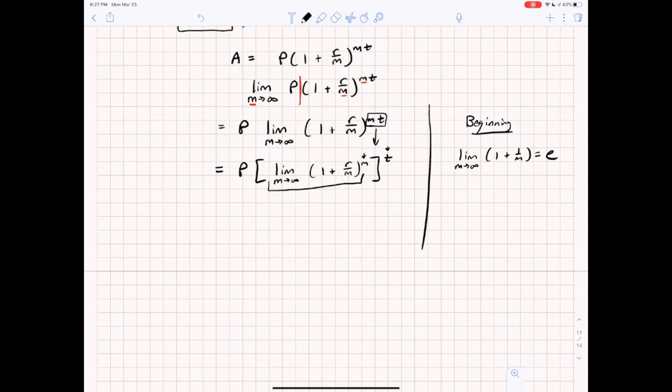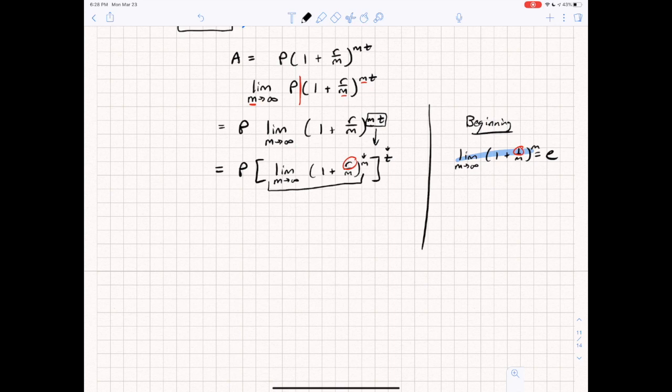This defined the natural number. What I want you to notice is that this definition is very, very similar. The problem is that this has an r, and I need it to be a 1 for this definition to work. Also, I'm forgetting there's an m there. So we're really close to this working.